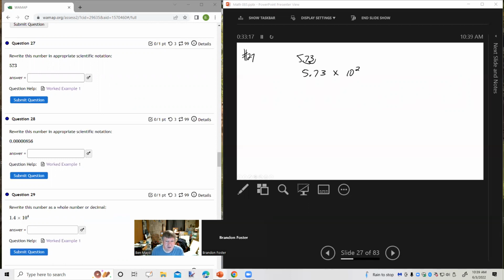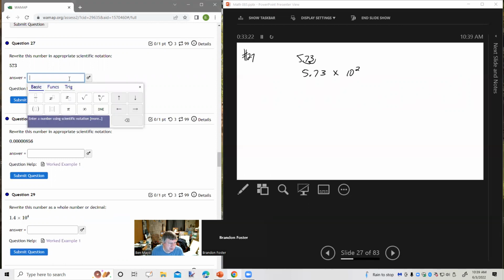Now, I know they had some different ways of having us write it out. It doesn't say anything here in terms of how to do it. So I'm going to assume that the asterisk key is going to be the multiplication symbol. We'll find out here. Let's see, 5.73, and then shift 8, which gives me the asterisk symbol. Yep, that seems to be working. It says not valid.